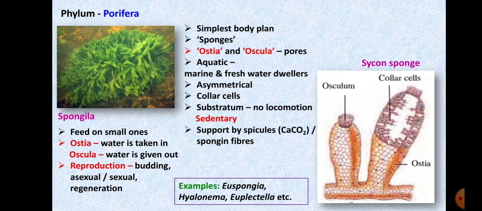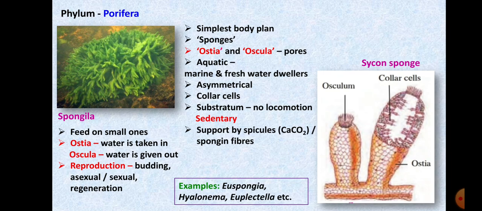Most are marine, you will find them in marine waters, and very few are freshwater dwellers. The body symmetry is asymmetrical, that is there is no imaginary axis, and hence you will not be getting two halves in any case. They have a special type of cells which are called collar cells.